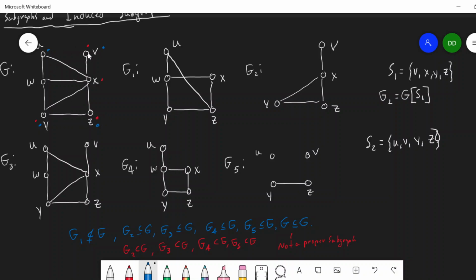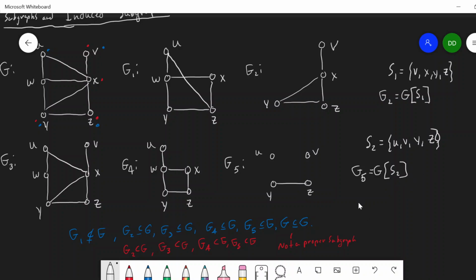Notice U and V aren't adjacent, and they aren't adjacent here. U and Z, U and Y are not adjacent to each other, and they're not adjacent here. And finally, Y and Z are adjacent to each other, and they are adjacent here. And so G5 is an induced subgraph of G. It's induced by this set S2 of vertices.